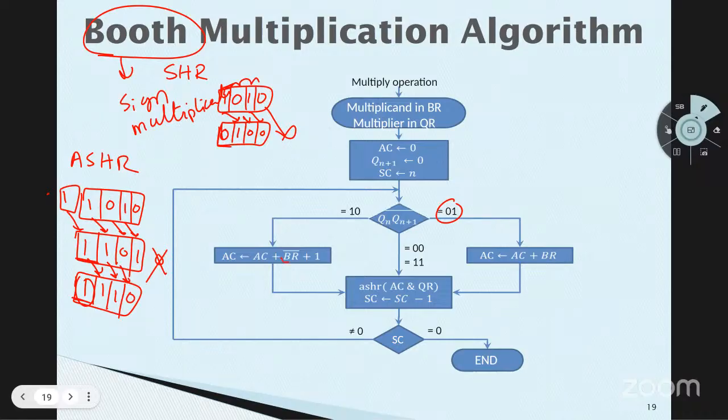That means subtraction is performed here. There we add, here we subtract. Then we perform the arithmetic shift right operation of AC and QR registers. Then decrement the counter. The remaining process is same. Only the difference is this. Here subtraction, there only addition.